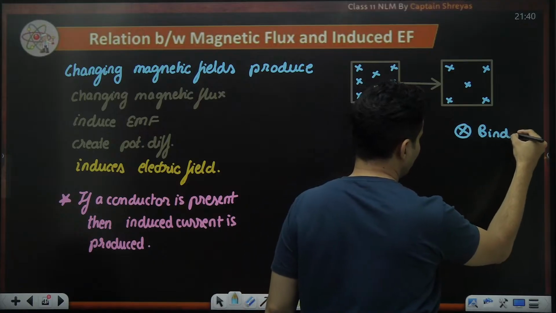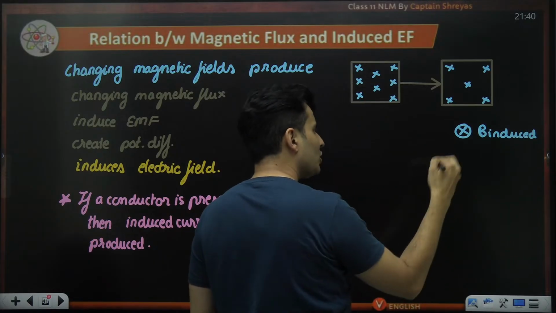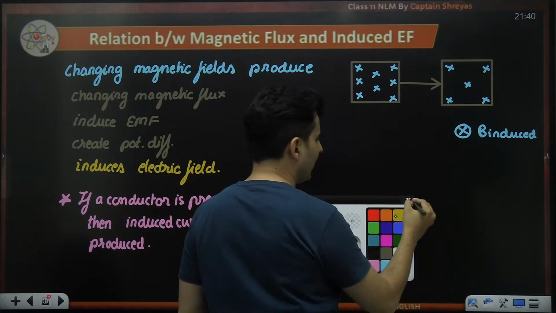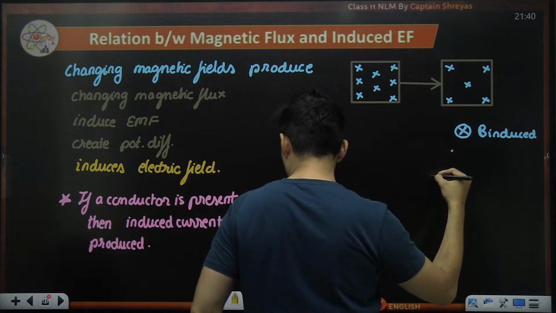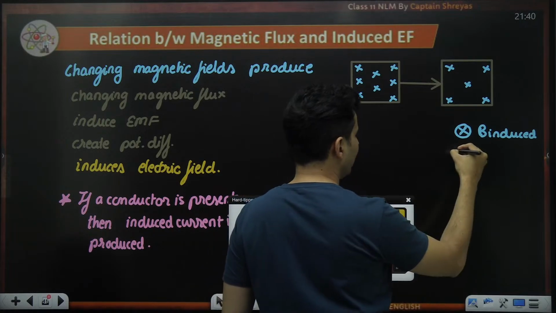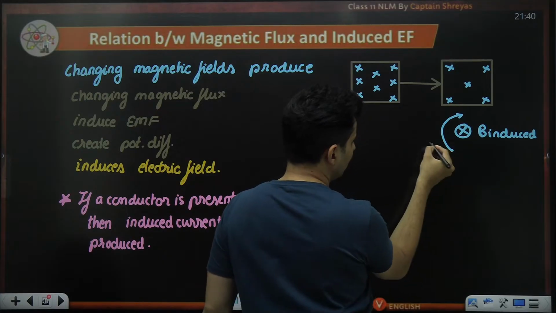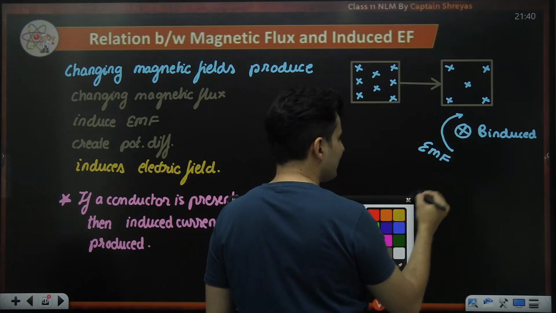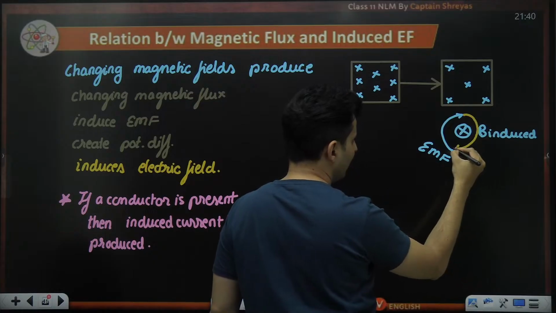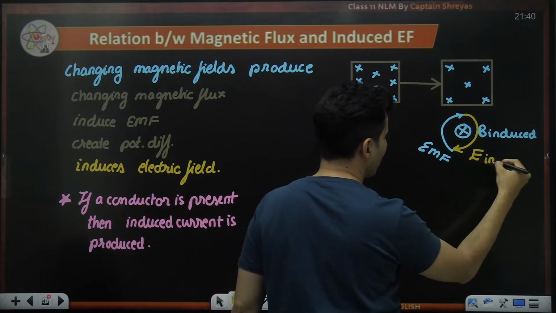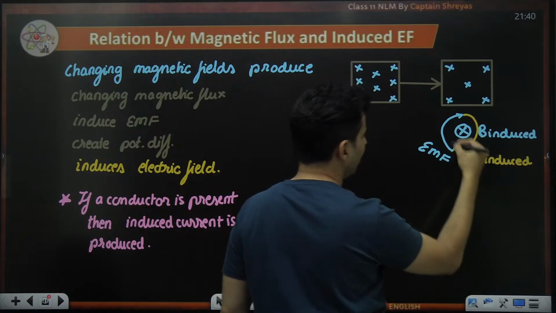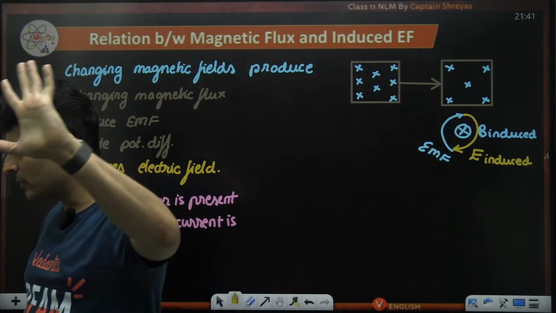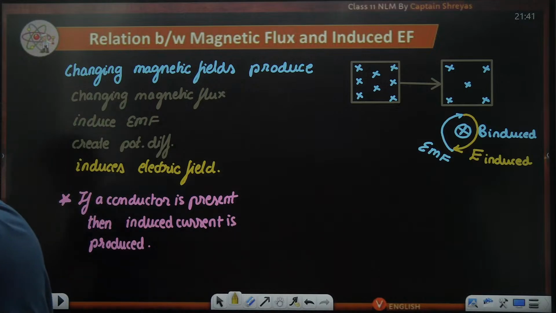In which direction? Inside. So if you hold your thumb inside, the fingers will curl like this. So the EMF will be generated like this. And whichever direction the EMF is there, that's exactly the same direction where our electric field will be. So induced electric field will also be in the same direction. Is this absolutely clear? I'm using Lenz's law over here.